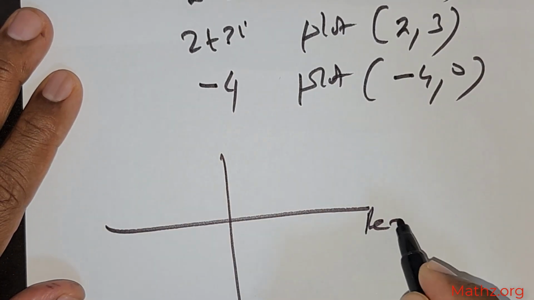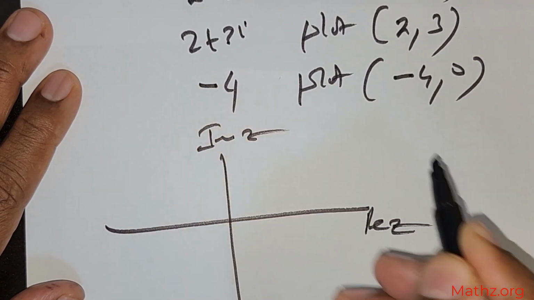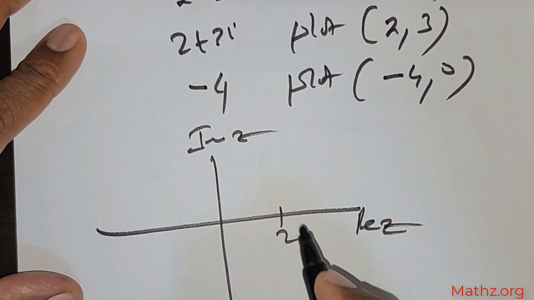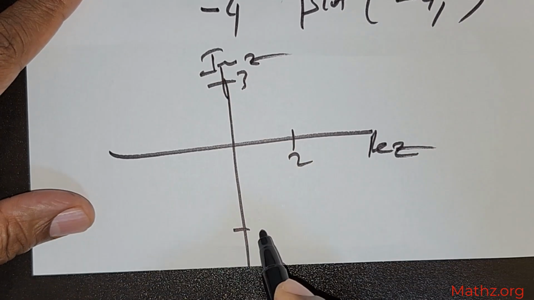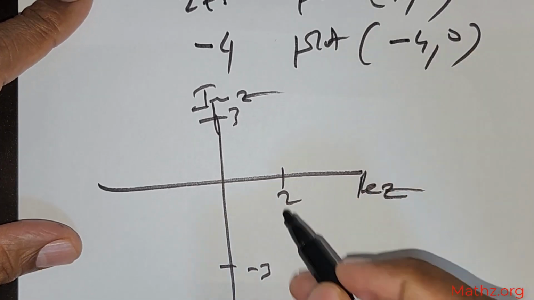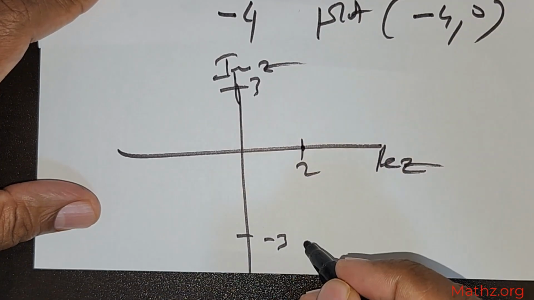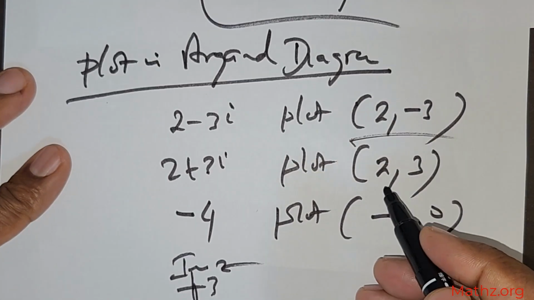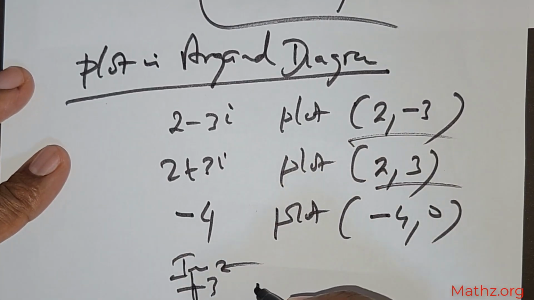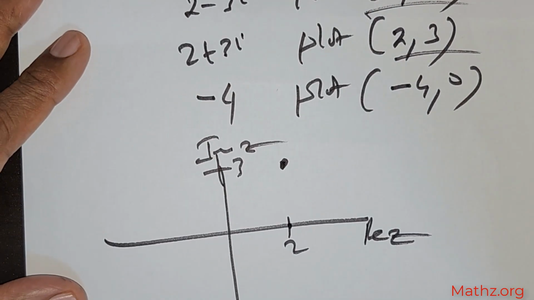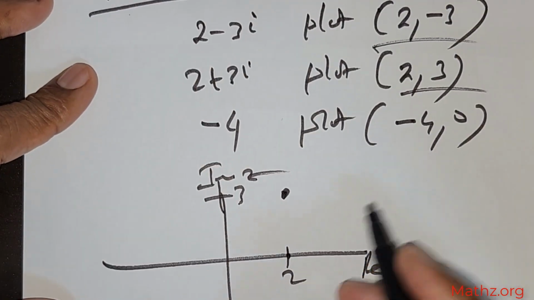So this is the real z, imaginary z, and then if I were to take 2 here, 3 here, negative 3 here, 2 comma negative 3, so 2, the first point, negative 3, that will be over here, 2 positive 3, that will be over here, and then negative 4 comma 0.